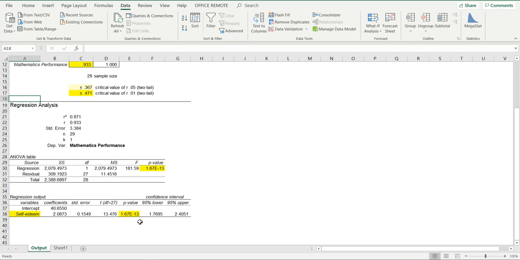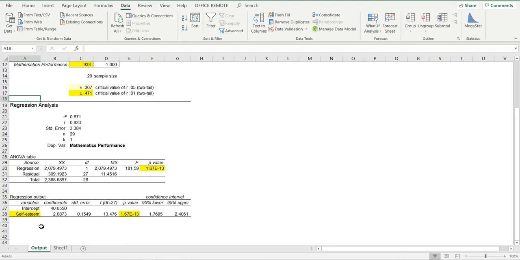Take note that the level of significance that we are going to consider in our study is 0.05 only, or 5%. In this case, since the p-value is less than the significance level, this means that self-esteem is a predictor of the mathematics performance.